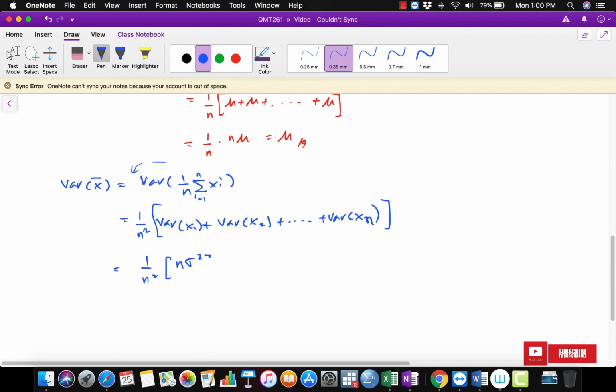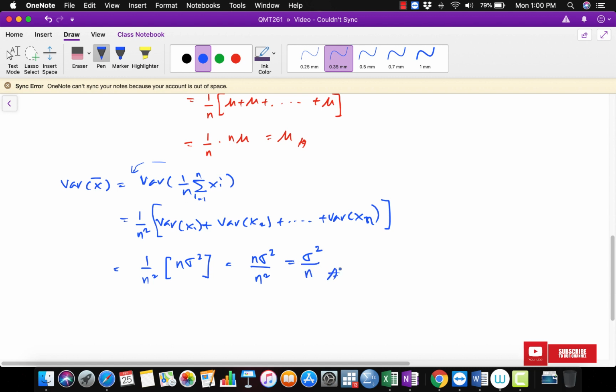So now it becomes n sigma squared divided by n squared, and we can eliminate one n from the numerator and denominator, giving sigma squared divided by n.